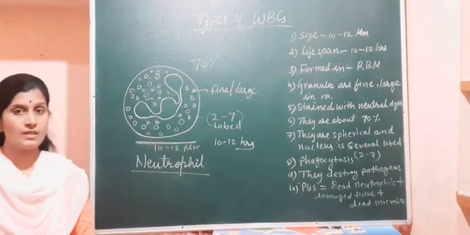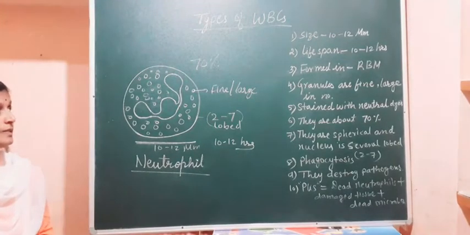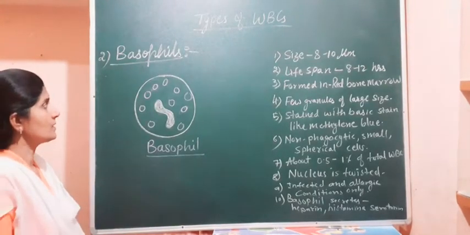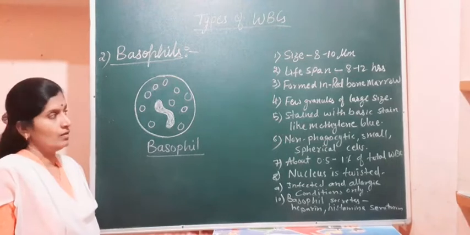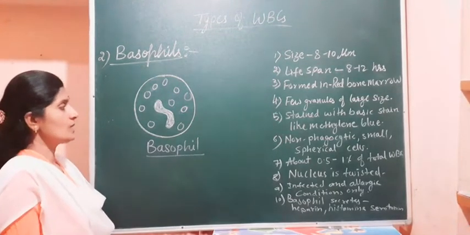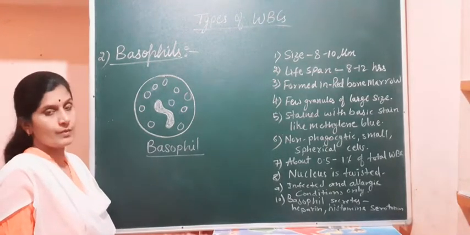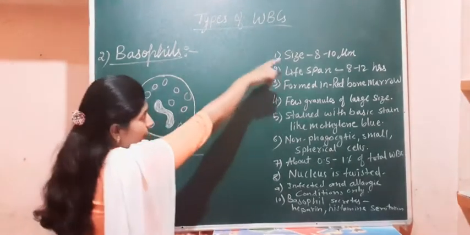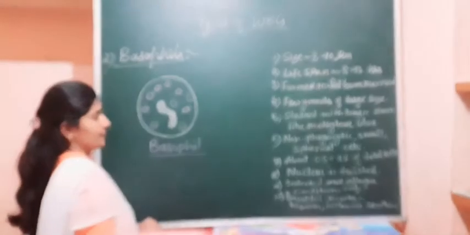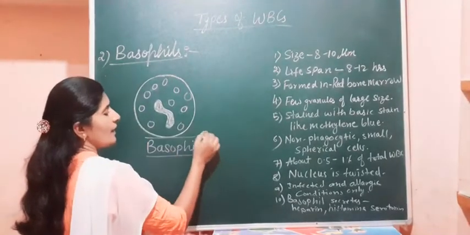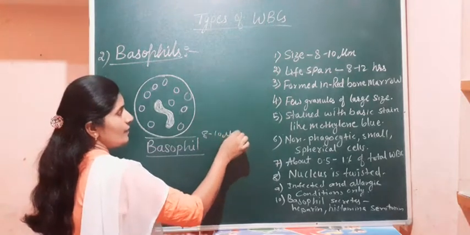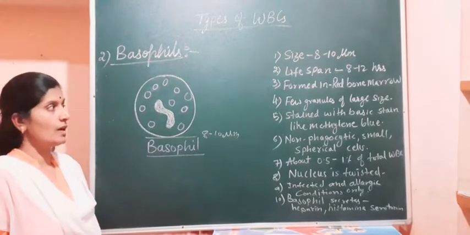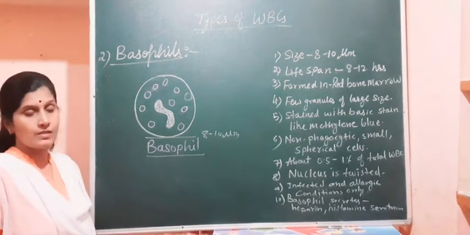Now next we will see the next type, that is basophils. Basophils are smaller in size when compared to the neutrophils. The size of this cell is 8 to 10 micrometers, and the lifespan of these basophils is 8 to 12 hours.